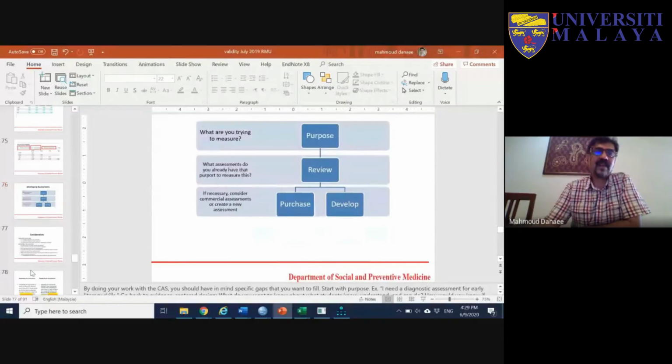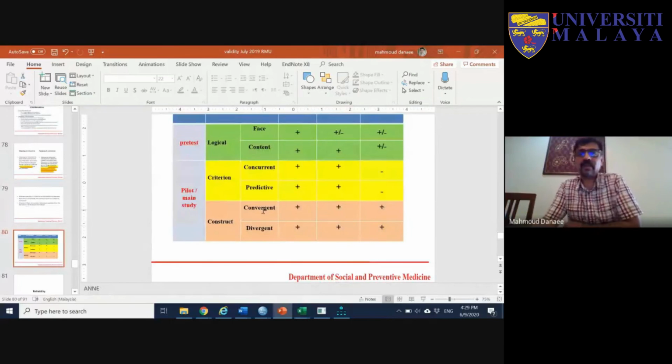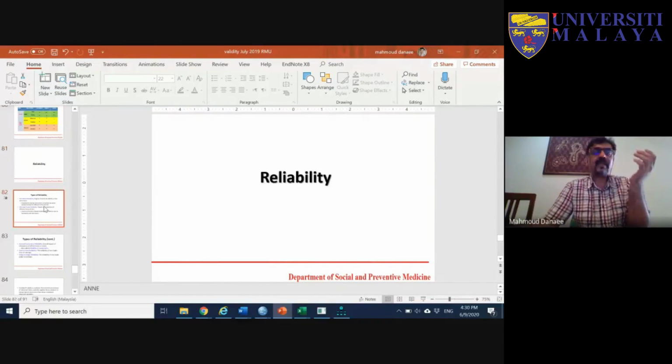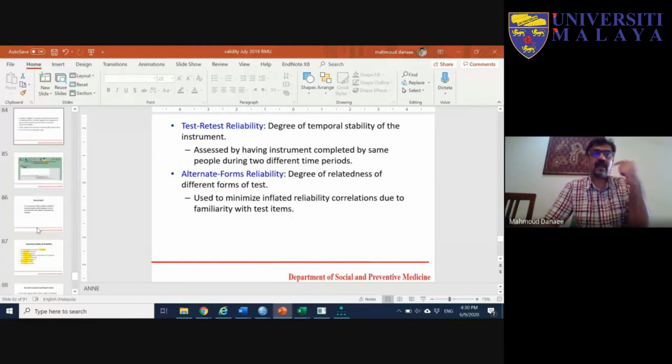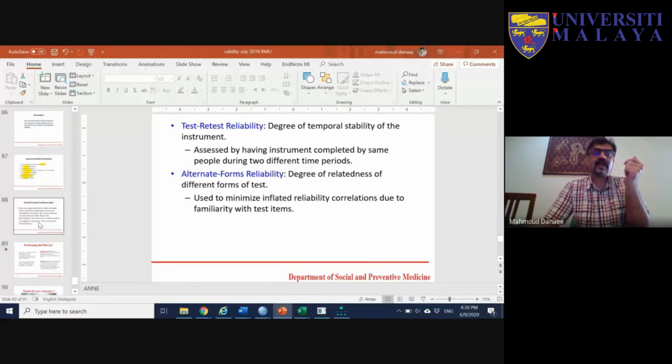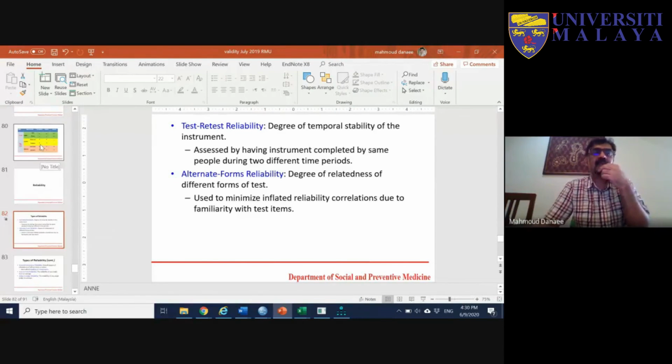As a final conclusion, I just want to remind you, because we already talked about the reliability, about the retest reliability, and some of the issues about reliability.